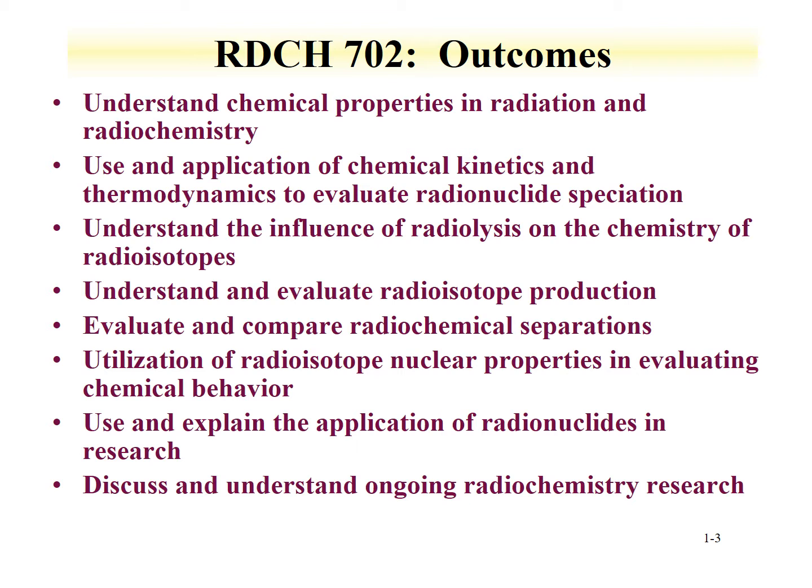Evaluating radioisotope properties for assessing chemical behavior is also covered in the course. Short-lived isotopes can be assessed at very low concentrations, the lowest being atom-at-a-time chemistry. Another outcome is also the use and explanation of applications of radionuclides in research. And finally, this course will be the introduction for how to discuss and understand ongoing radiochemistry studies.